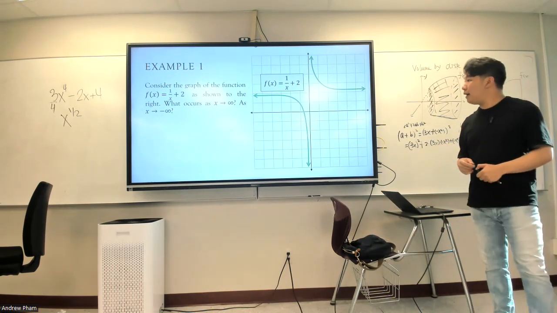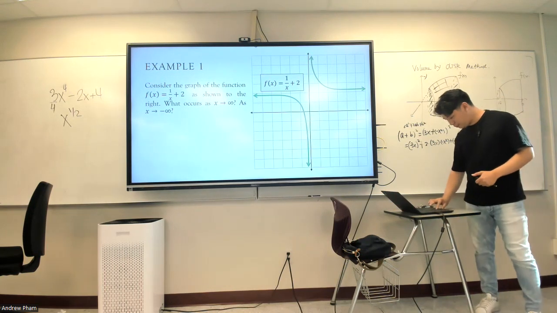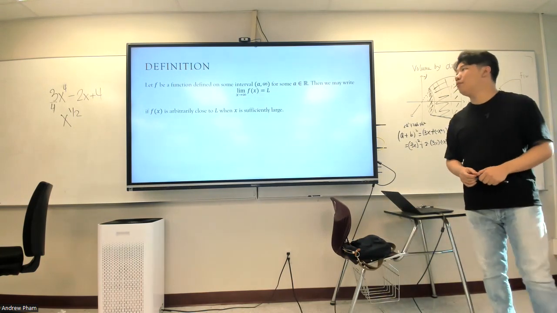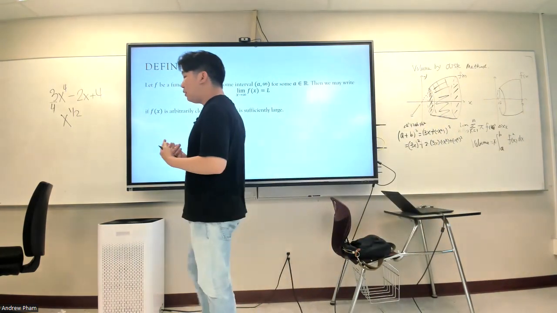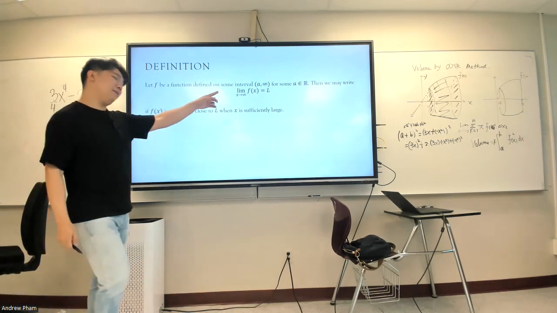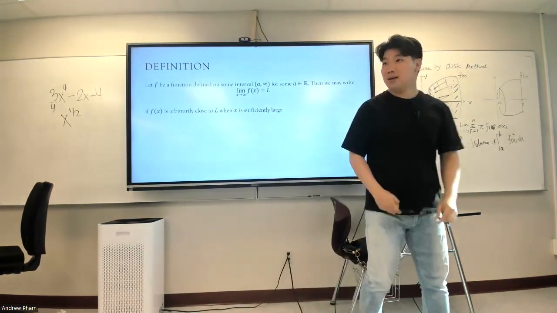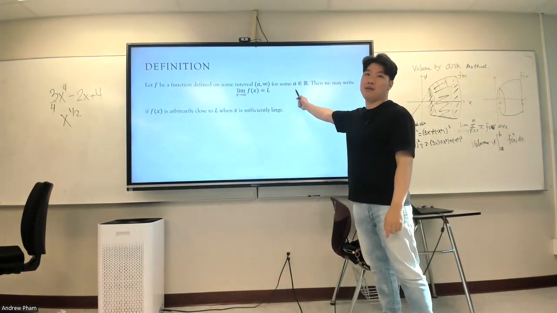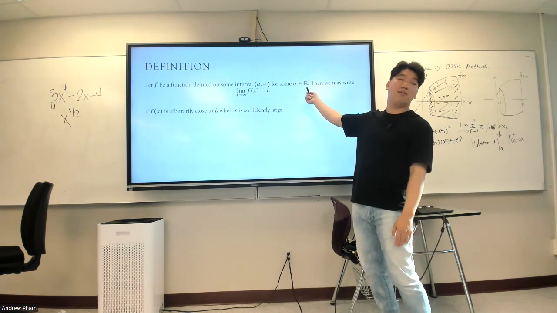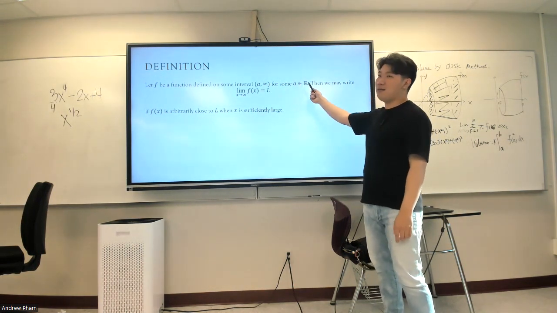All right, so let's go ahead and now look at this definition. If I wanted this very formal definition of what we're talking about, let f be a function on some interval from a to infinity. And then remember what this little notation here means for some a in R. R right here means real numbers, and this symbol means a is a real number.